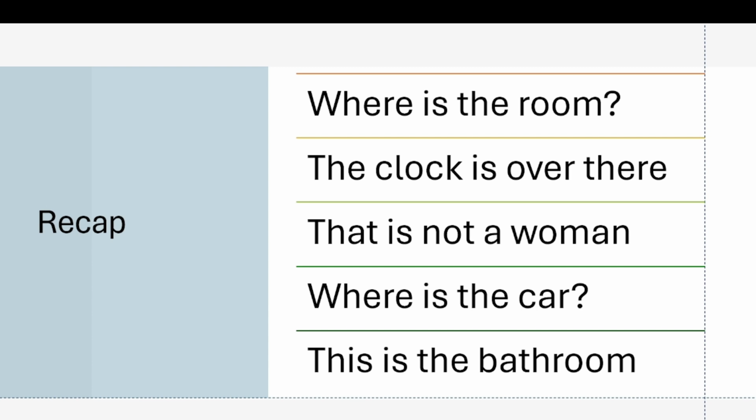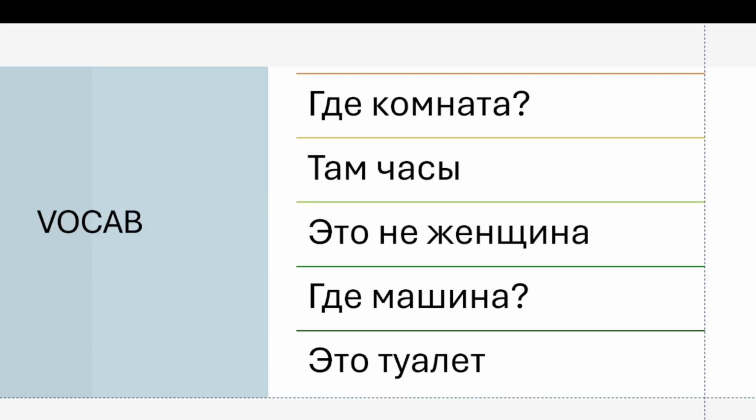Where's the car? This is the bathroom. This is not supposed to be a trick. Это, okay, this is туалет. Вот так просто. This is the bathroom. Это туалет. Молодец. If this is what you got, then you are doing so good.